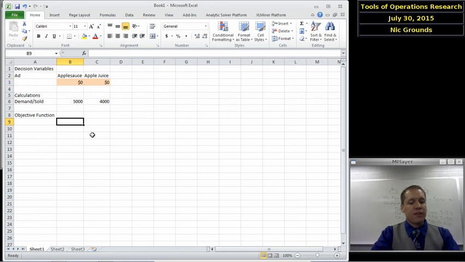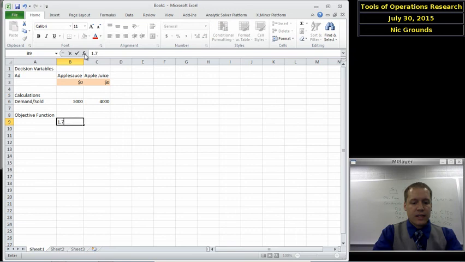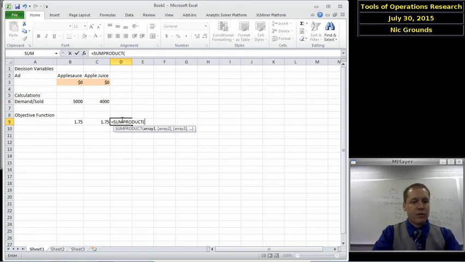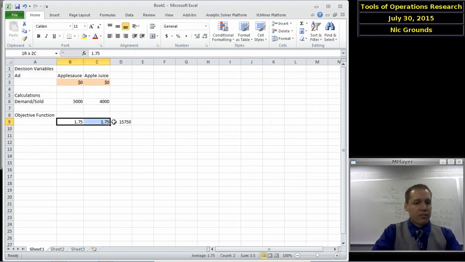Now for our objective function, I believe it was $1.75 profit for each. So we can compute using some product the number of product we sell times the amount we make per unit profit for a total profit.